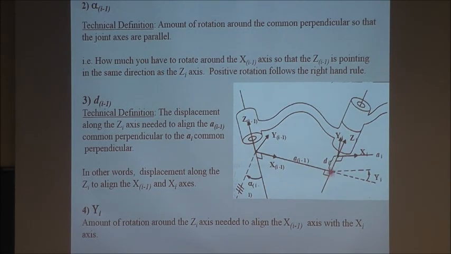You have to move another d_i to reach the coordinate. Up to this point that I show you with this red mark, we have defined 3 DH parameters. The fourth one is theta i. It's the amount of rotation around the z_i axis needed to align the x_{i-1} axis with the x_i axis. So that is going to be theta i.